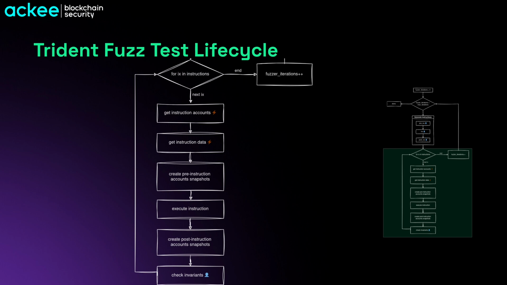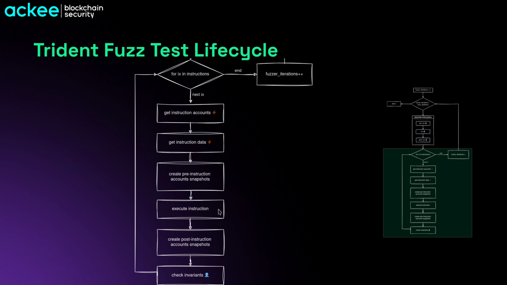All right, and once we have that, Trident takes a so-called snapshot of the accounts that will be submitted to a given instruction. It does it because it has to save the data that are inside the accounts before the instruction. Then the particular instruction is invoked and executed.